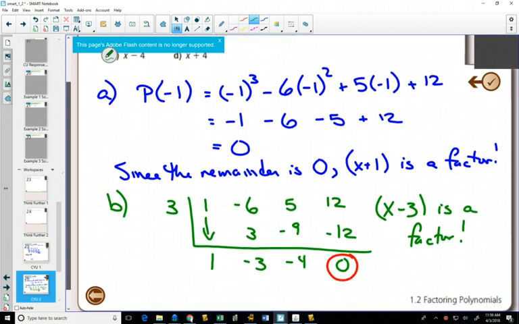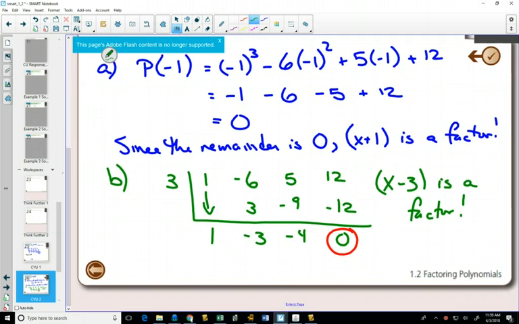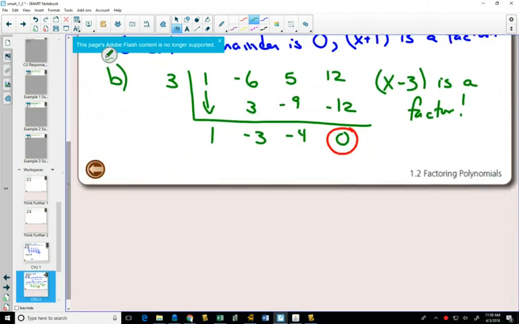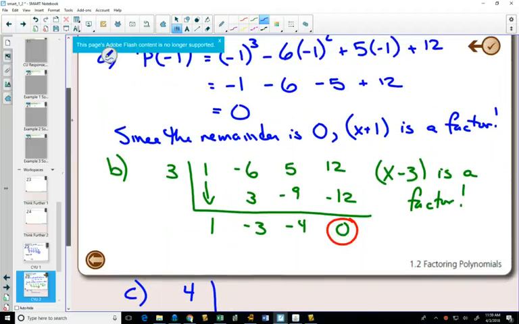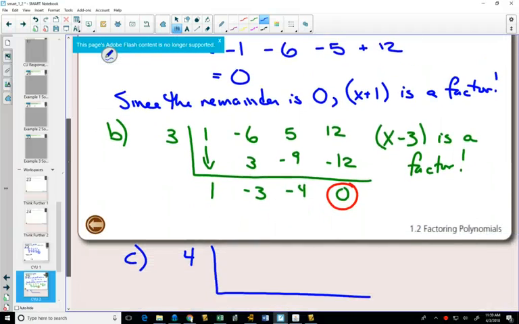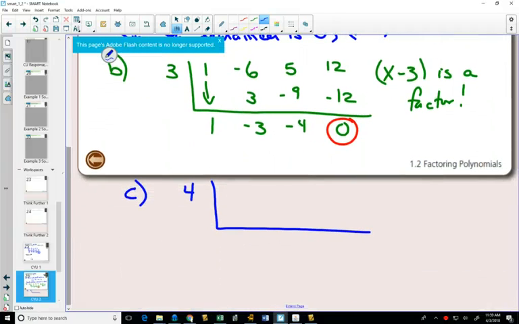Again, C and D, both larger values. So for C, we're dividing by x minus 4. Is it x minus 4 in C or x plus 4 in C? x minus 4 in C, so there'd be a positive 4 out here. 1, -6, 5, 12.